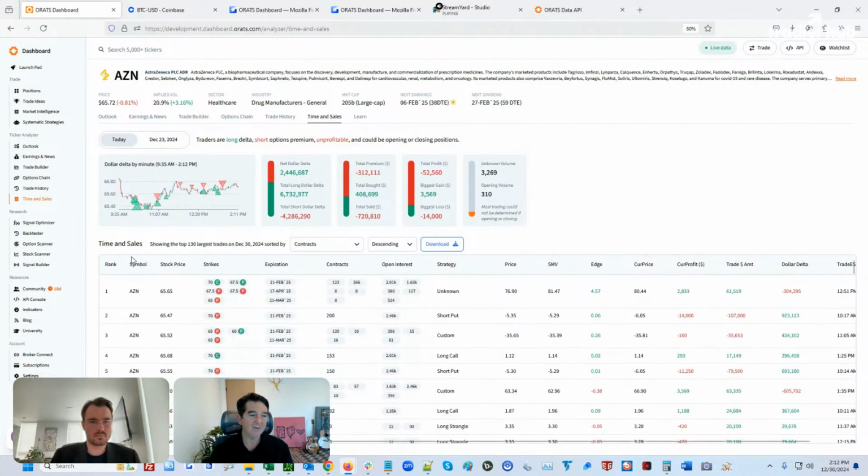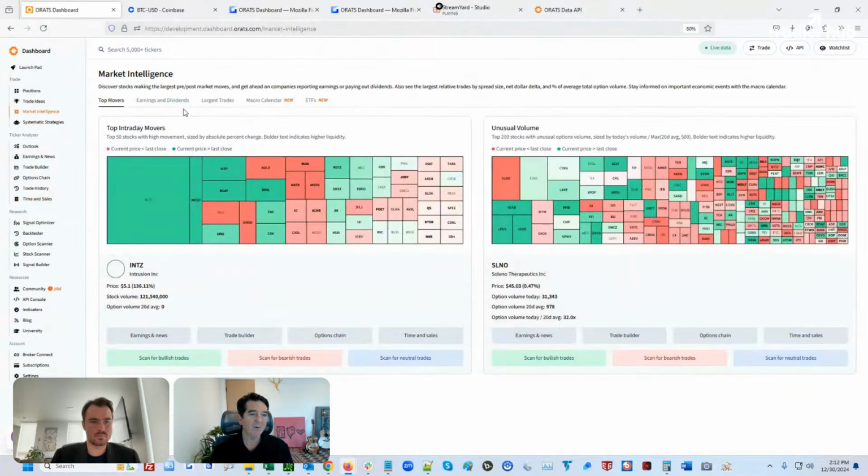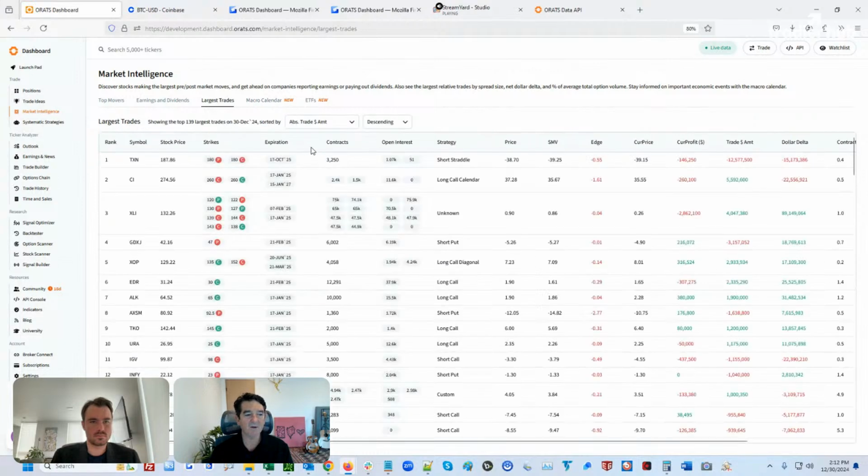So the time and sales is really neat when we have an overall time and sales for all stocks. The largest amount was a $38 short straddle, sold 3,000 times. The trade amount was 12. They took in $12 million for that. Pretty nice little take in.